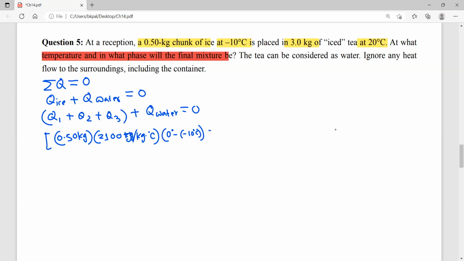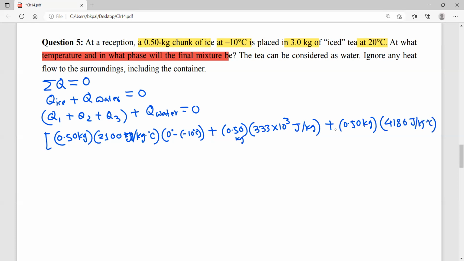This is the first term. Then the phase change happens, so this mass times 333 times 10 to the power 3 joule per kilogram. The last term for the ice is again this mass, and this time the ice is basically water, so we use the specific heat of water. Here the final temperature we don't know, and the initial temperature is 0 degrees Celsius.